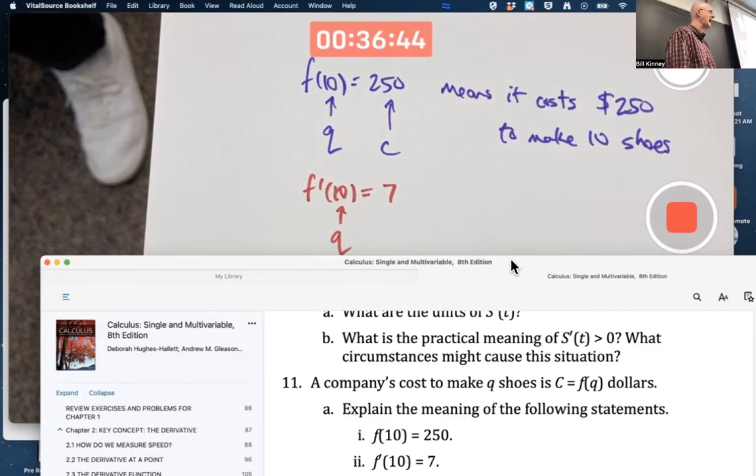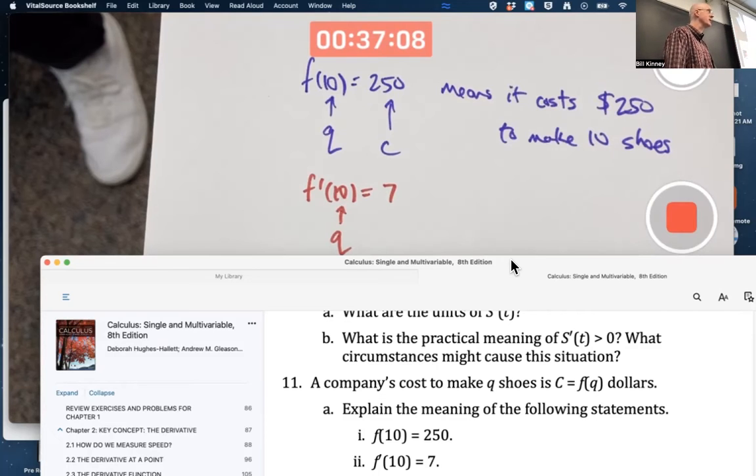Does anybody want to take a stab at what to call it? Change in the amount of dollars per shoe. That's close. I'd add an extra word in there. What word should be added into the phrase, the change in the amount of dollars per shoe? Instantaneous. Looking for one word that starts with R. Rate.